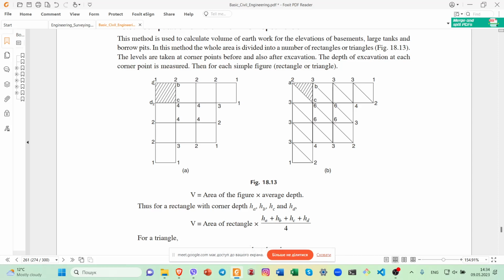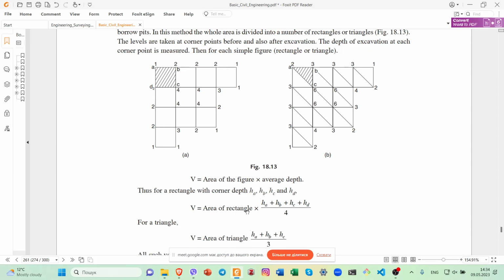And then we just need to calculate the mean thickness of this prism and the area.